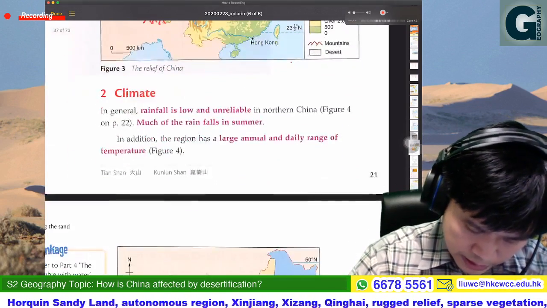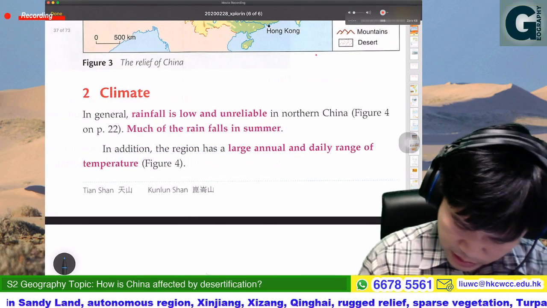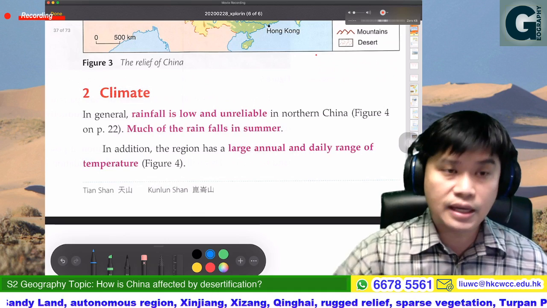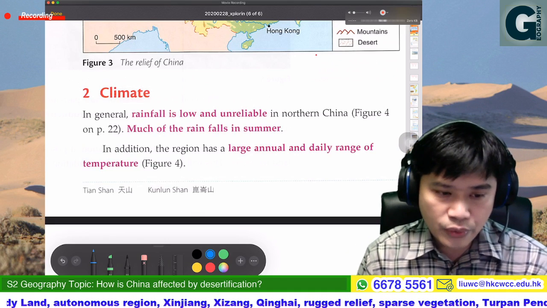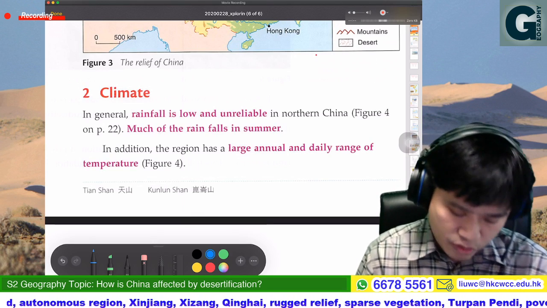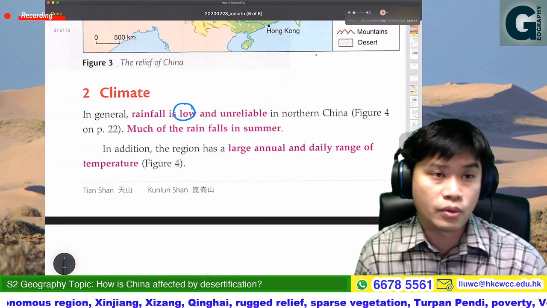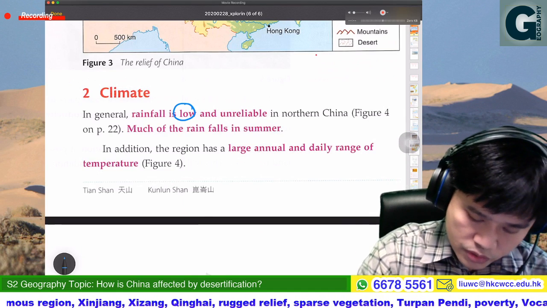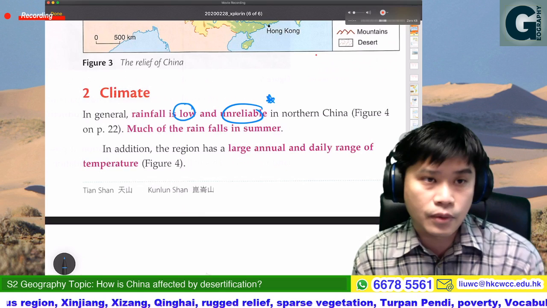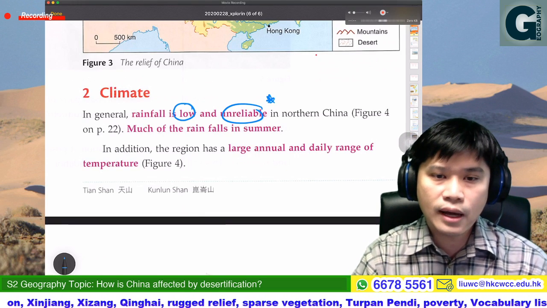Okay, and then for the climate there, that is also very easy. So what would be the climate there? We know that it could be a little bit dry. Most of the area would be semi-arid region. Therefore, in this area, the rainfall is low, and most important, unreliable, 唔穩定啦. We may not know when the rainfall would be.